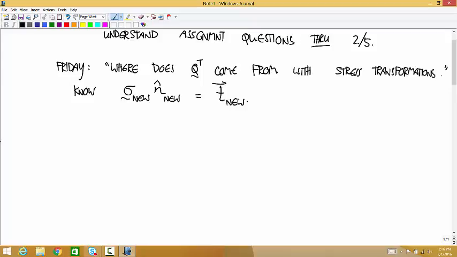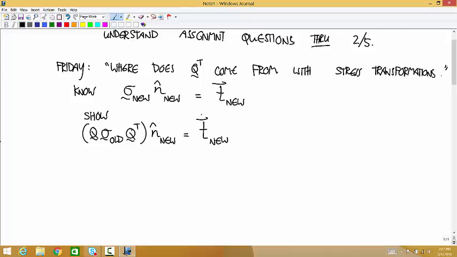Okay, and so what the thing that I posted in the news items does is, we know that has to be the case, and we're going to show that Q times the stress tensor in the old coordinate system times Q transpose times the normal vector in the new coordinate system is equal to the traction in the new coordinate system.